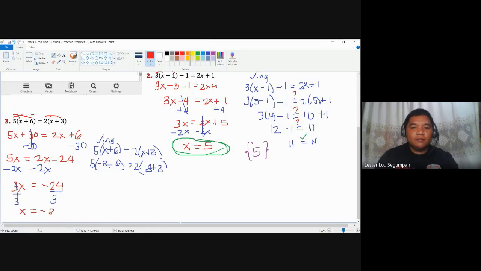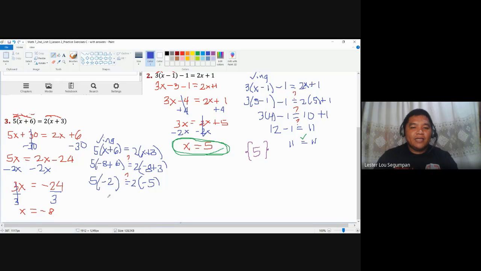Use a question mark because we are still checking it. Then negative 8 plus 6 is not negative 14. It's negative 2. The other side: negative 8 plus 3 is not negative 11. It's negative 5. Those are actually possible misconceptions if you have not mastered integers yet.